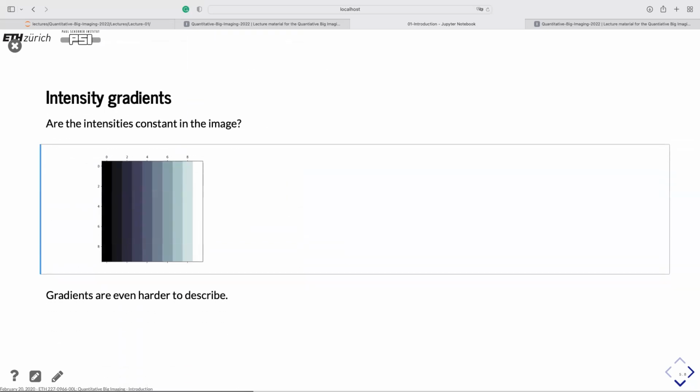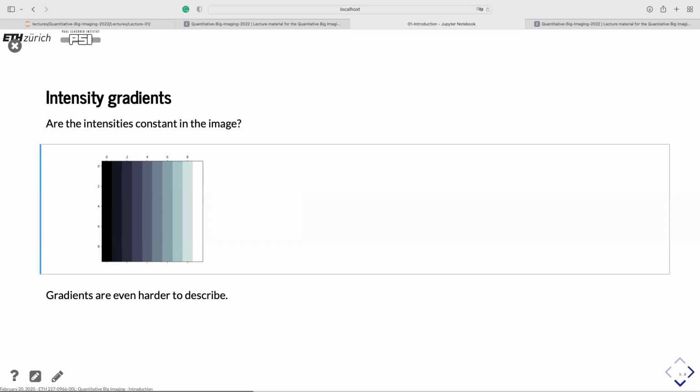The other thing is also the problem how to measure intensity gradients. This is another optical illusion. The question here is whether these bars have constant gray level. The optical illusion, the eye actually amplifies, so it looks like it's darker on that side than on that side.